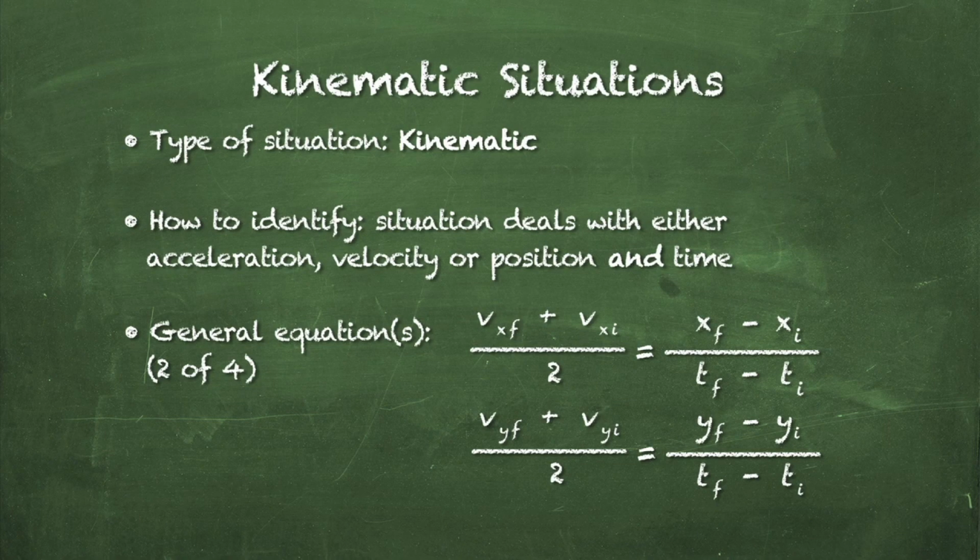And the reason why that's an equation is that both of those are equal to the average velocity. And for y, (Vy final plus Vy initial) divided by 2 equals (y final minus y initial) divided by (t final minus t initial). And once again, the way to remember this equation is that both sides of that equation are equal to average velocity.